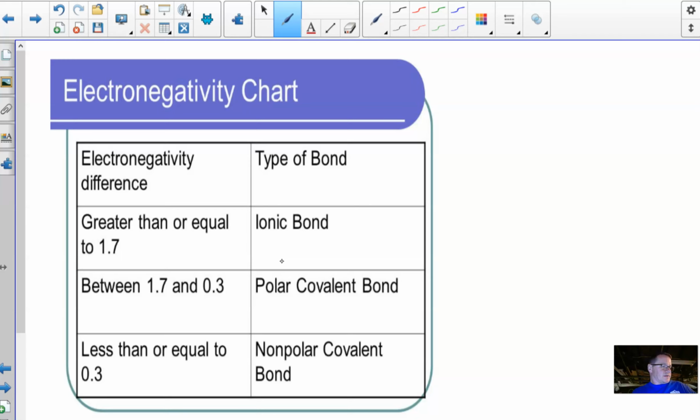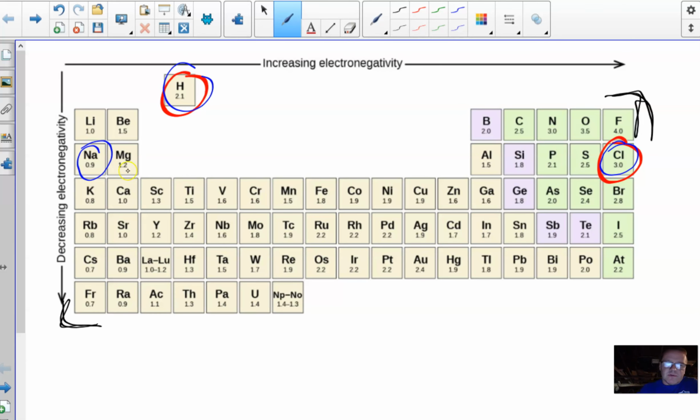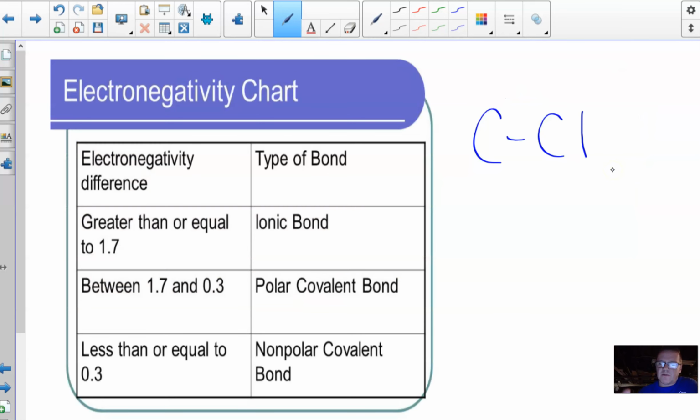Say we've got a carbon and chlorine bond. You know the drill for what this would look like as a Lewis structure, but let's just look at the two atoms and find their values. On my electronegativity chart, carbon is 2.5 and chlorine is 3.0.